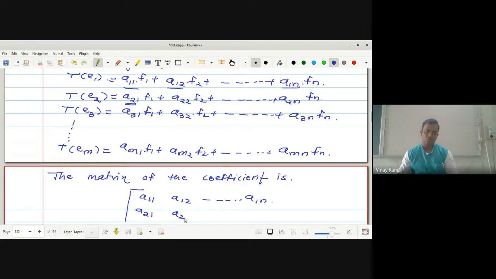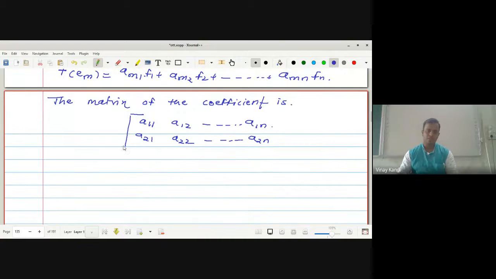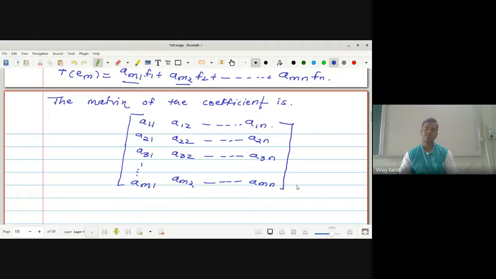A21, A22 up to A2n. Similarly, A31, A32 up to A3n. Up to the last row, which is Am1, Am2 up to Amn. So here we write all the coefficients in matrix form. So this is the matrix of coefficient.